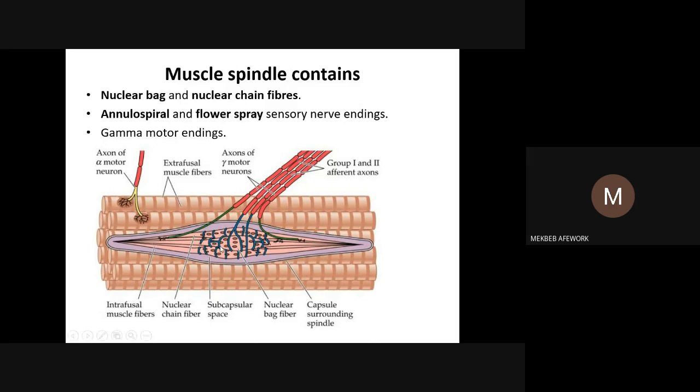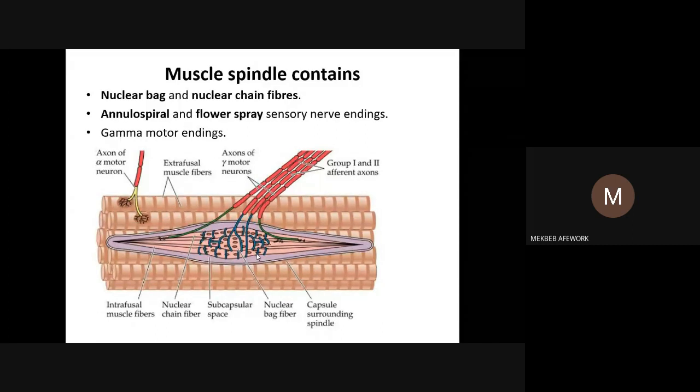In this intrafusal region, we have a double capsule. Right inside, we have a capsule surrounding intrafusal muscle cells and intrafusal nerve fibers. Then between the capsule and the outer covering, we have a fluid, so that when there is a slight change, slight pressure, the fluid vibrates and makes the sensation more efficient.